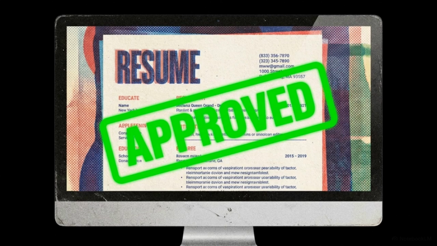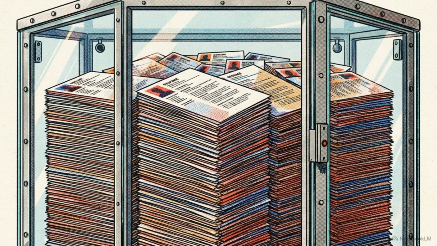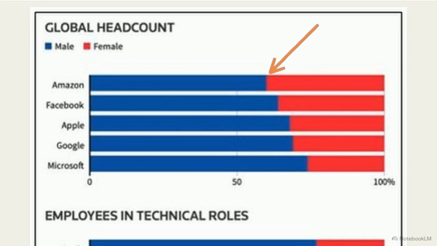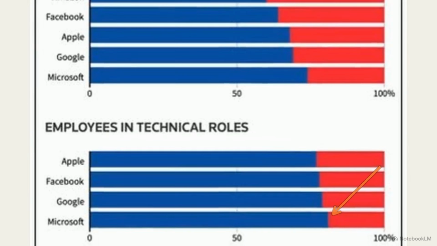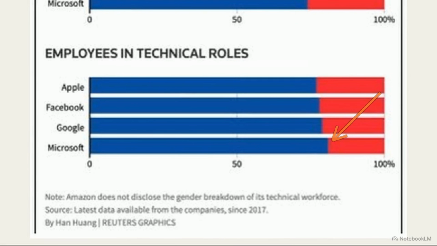In 2014, Amazon attempted to build a hiring tool to predict top engineering candidates based on the resumes of people who had historically succeeded at the company. Because the historical workforce was overwhelmingly male in this headcount data, the model associated maleness with success. In technical roles, the imbalance is even more extreme. The tool replicated this by downgrading resumes from women's colleges and privileging male-coded verbs.